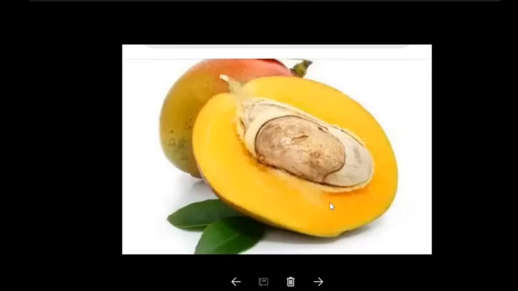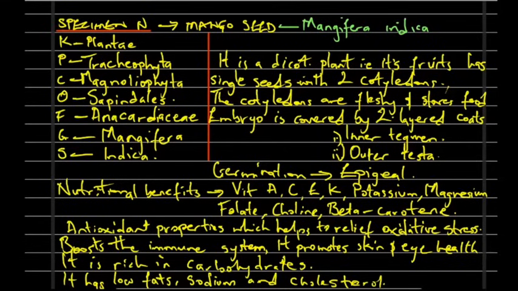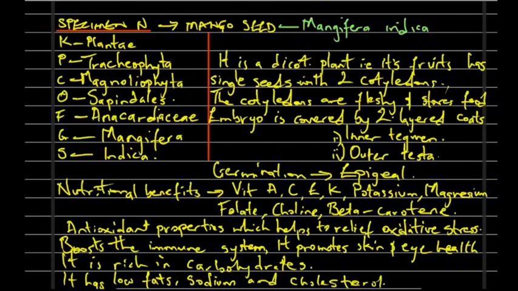This particular picture here is showing the two-layered seed coat. You can see this two-layered seed coat where we have the inner tegmen as well as the outer testa. Now talking about the type of fruit that we have for the mango seed, let's quickly see this.